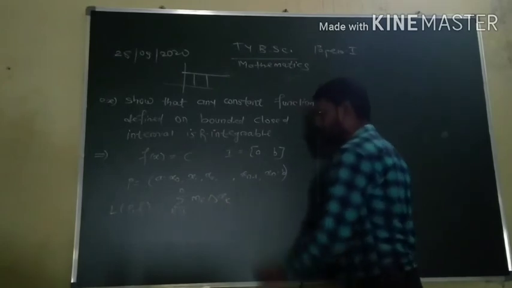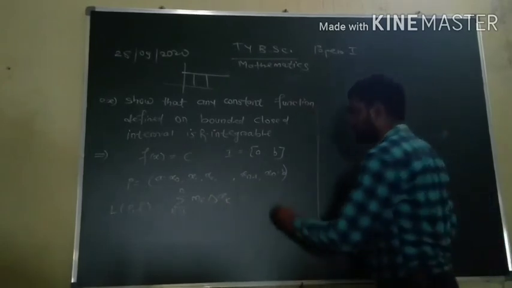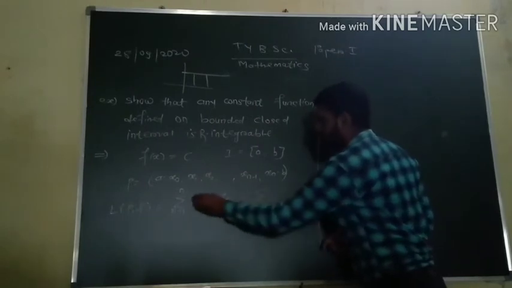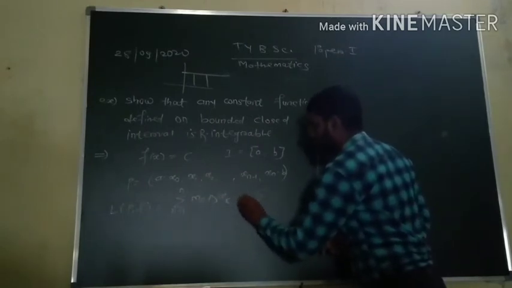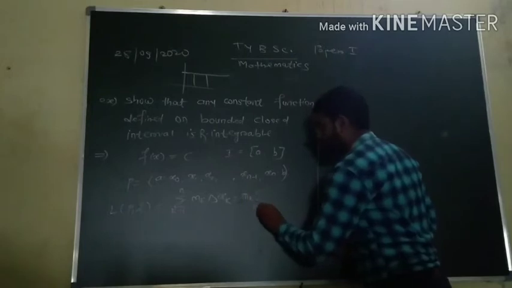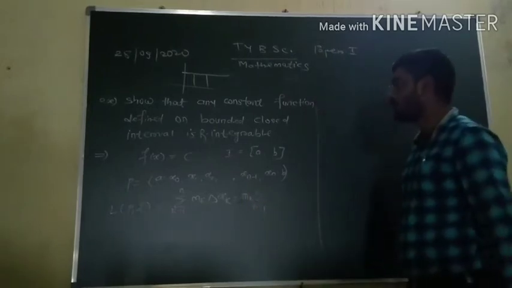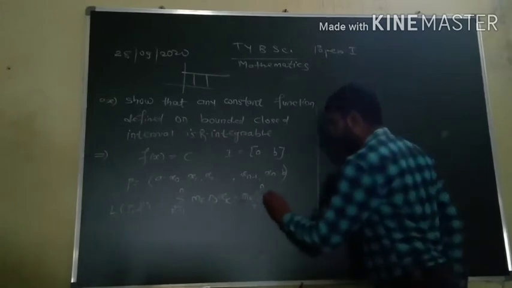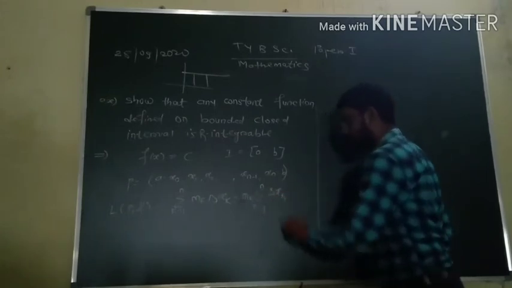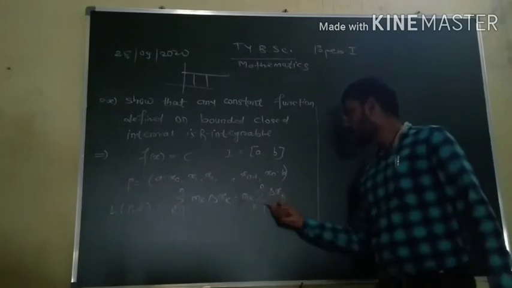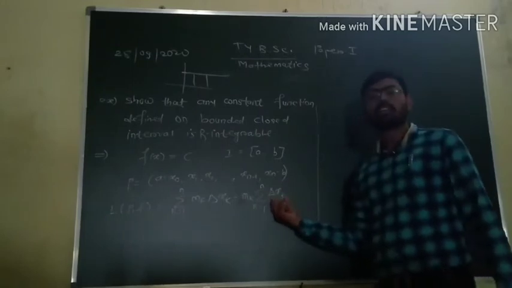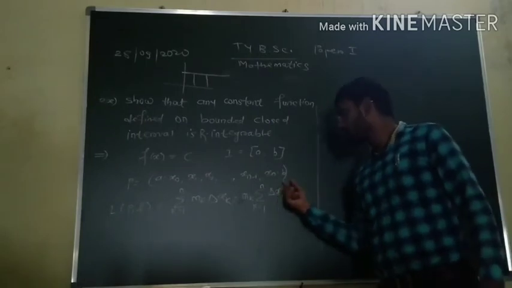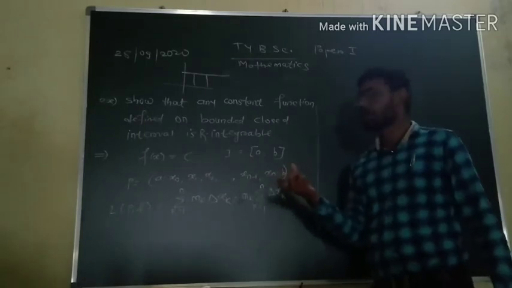This is equal to mk times the summation k equal to 1 to n of delta xk. Now, what is the sum of delta xk? Delta xk is nothing but the length of the kth interval.